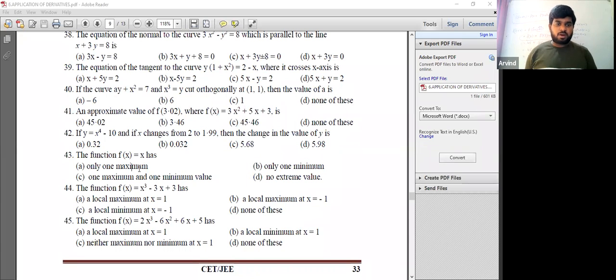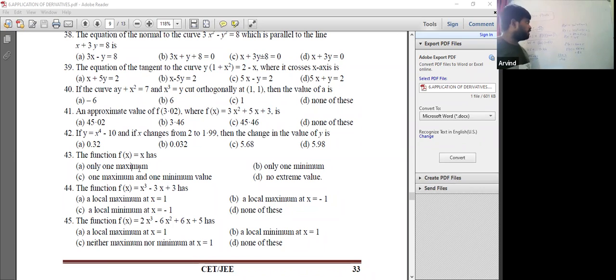If y is equal to x power 4 minus 10, if x changes from 2 to 1.99, then what is the change in value of y? They have given delta x, delta x is 0.01. What is delta y or dy they are asking? We know what is the formula for dy. I've already given you. Dy is this, f dash of x dx. So find that f dash of x into dx.